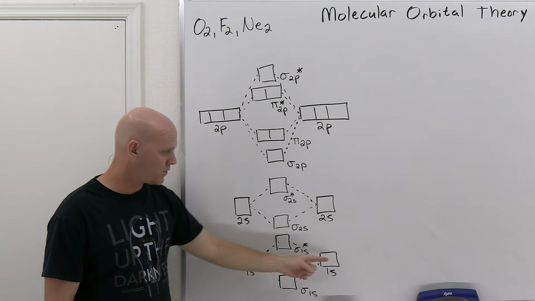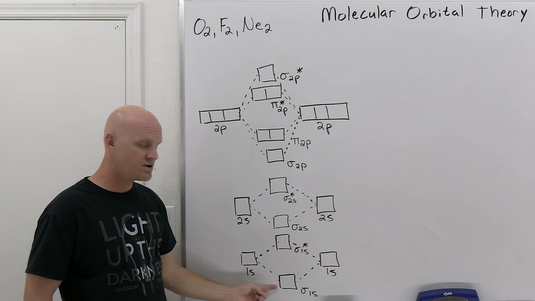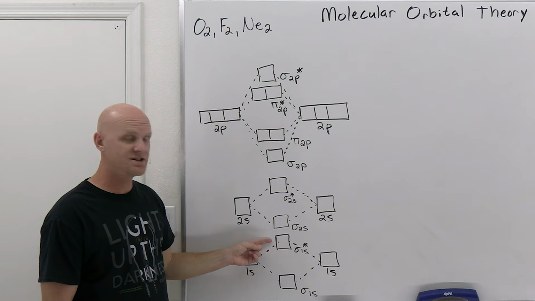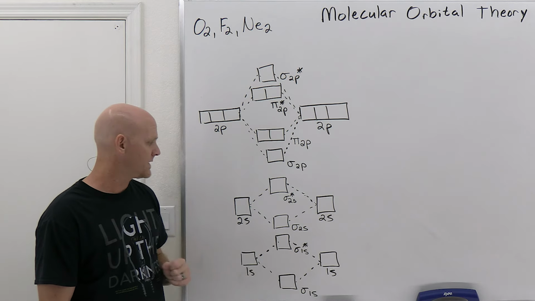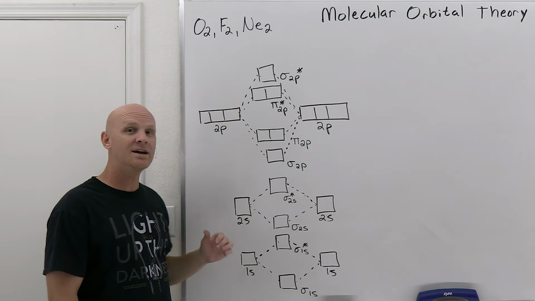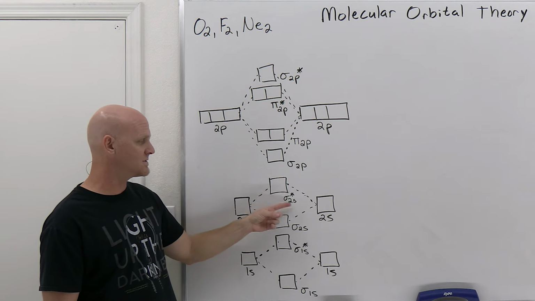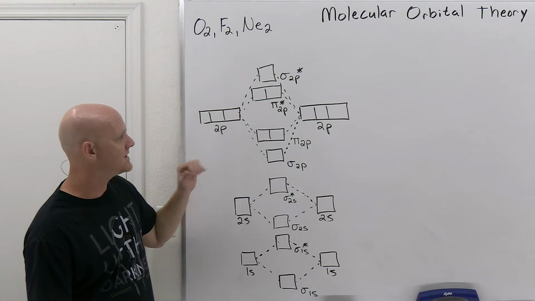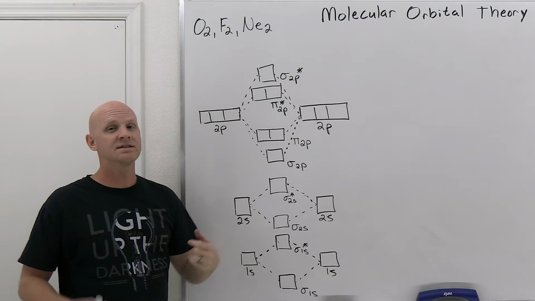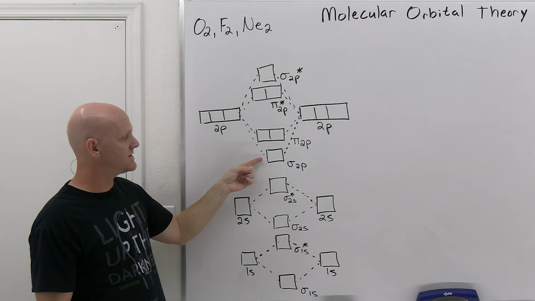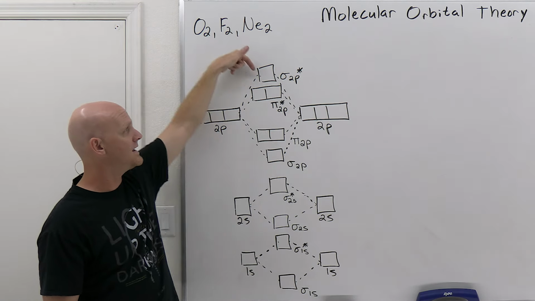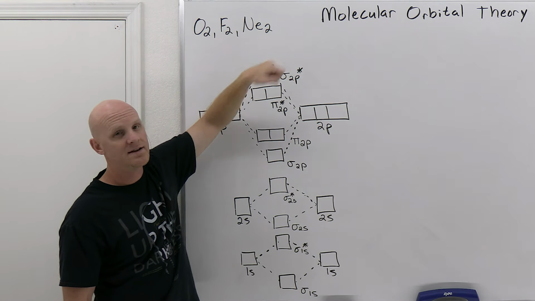You're going to get the 1s orbitals overlapping to create the lower energy bonding sigma 1s and the higher energy sigma 1s star antibonding. You're going to get the 2s orbitals overlapping in the same fashion, giving a lower energy sigma 2s and a higher energy sigma 2s antibonding. Then you're going to get the p orbitals overlapping, and the pz's are going to overlap end to end to give the lower energy sigma 2p and higher energy sigma 2p antibonding.